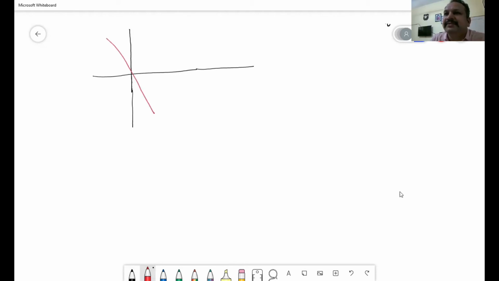This is a straight line. Straight lines are like this way.